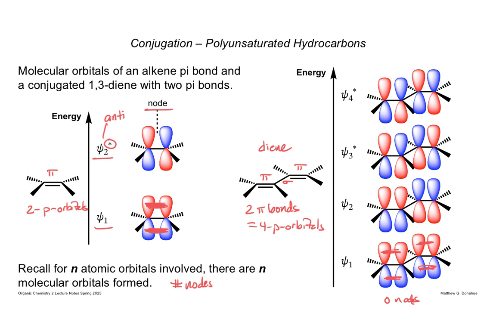And there's no change between any of the p orbitals. So as we go up in energy, we're now at psi2. We have another bonding molecular orbital. So 2 minus 1 equals 1. So this should have 1 node. And we see that it exists between carbon atoms 2 and 3. That's where that phase change occurs.